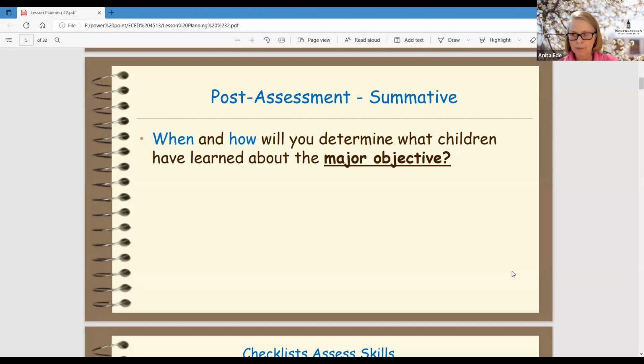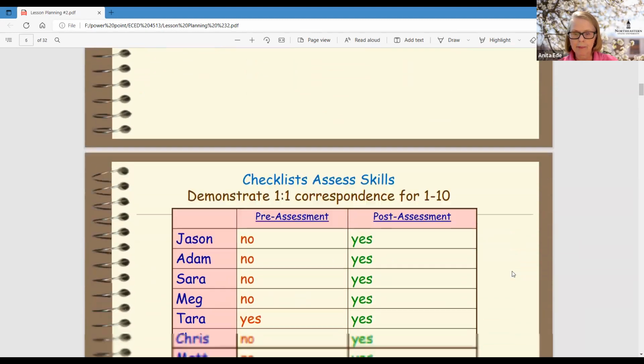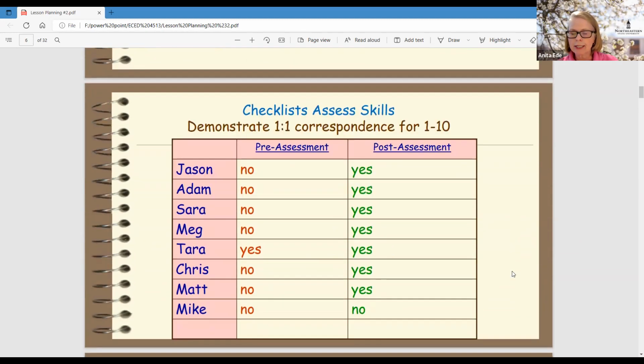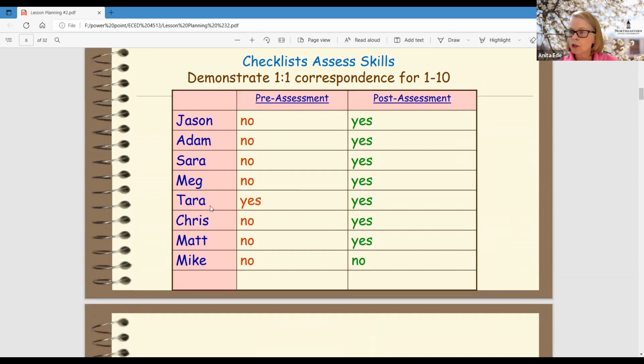Okay. So if you're teaching a skill, you're just going to have your little chart, and you're going to have your pre-assessment and your post-assessment, and you're going to have whatever your skill is as your title. If you just want to use initials, that's fine.